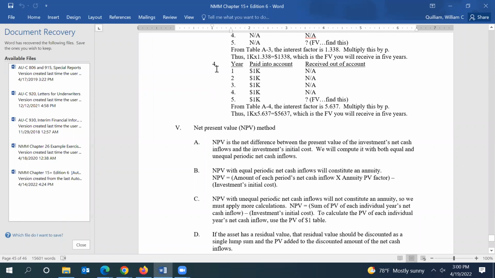So sure enough, here in number 4. From the table, the interest factor is 5.637. We'll multiply this by P, which is 1,000. Thus, 1,000 times 5.637 equals $5,637. That's the future value that we'll get in 5 years.